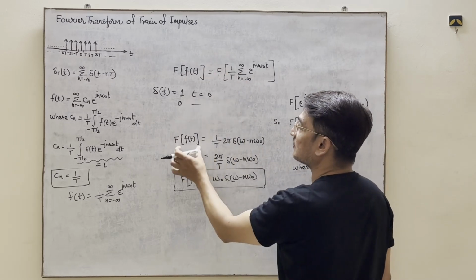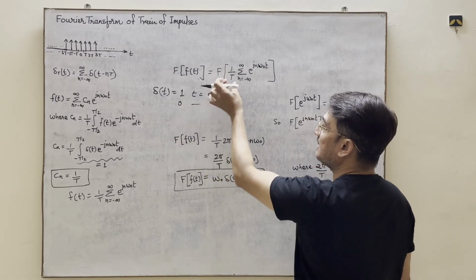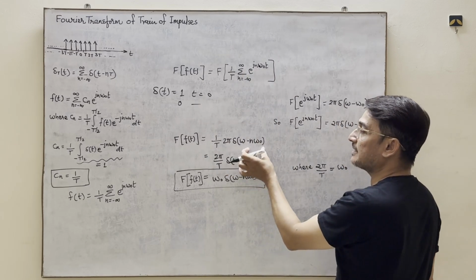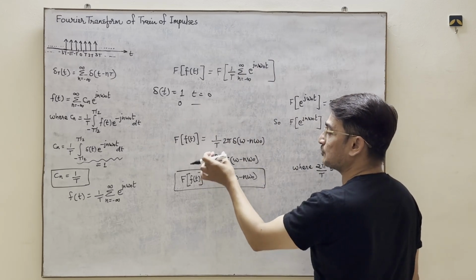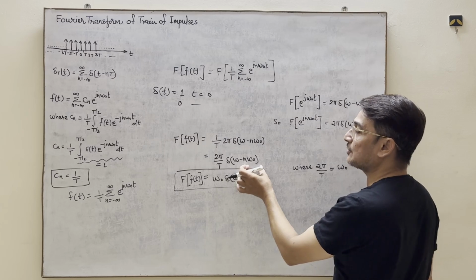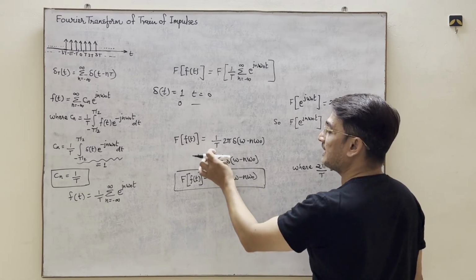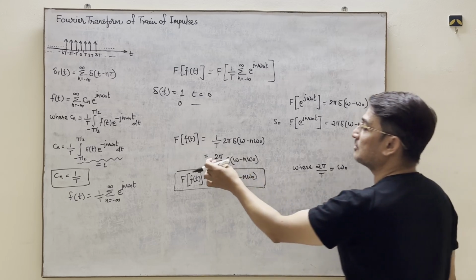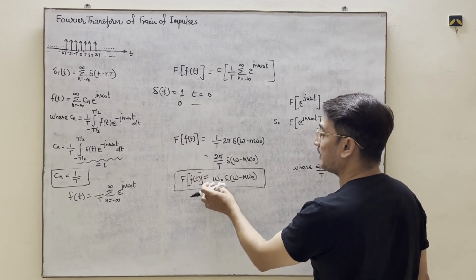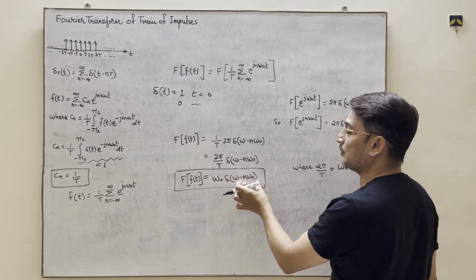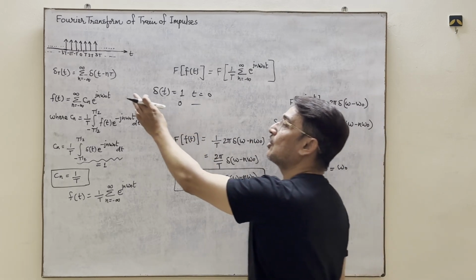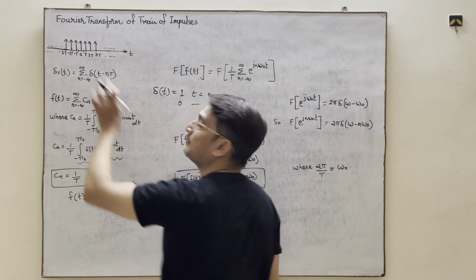So the Fourier transform of f(t) will be 1 by T times this, which is 2 pi by T delta(omega minus n omega naught). Here 2 pi by T is omega naught. So instead of 2 pi by T we can write omega naught delta(omega minus n omega naught).